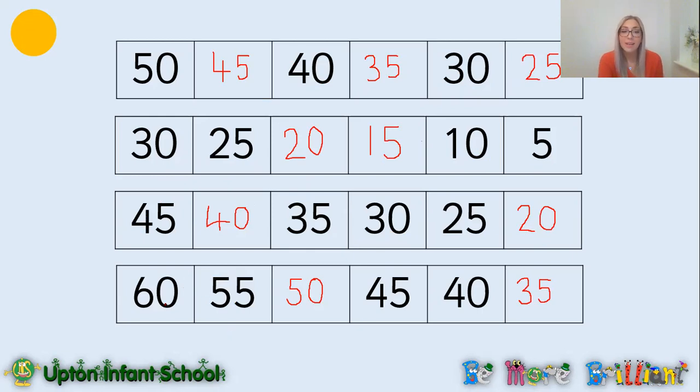And then the last one, 60, 55, 50, 45, 40, and then 35. Okay, again, well done if you got this one right, because this is super, super tricky, counting backwards in fives, because we're so used to counting forwards that we've made it tricky for ourselves counting backwards.